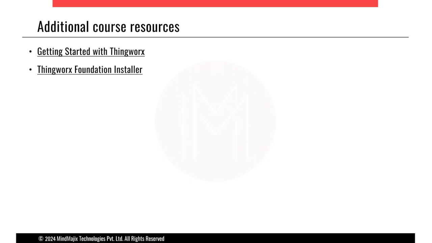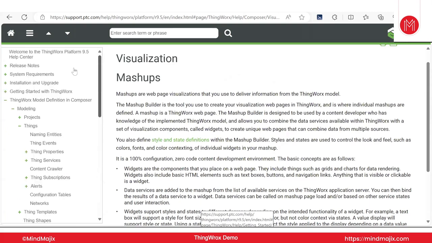Now I have given some additional resources with respect to getting started with ThingWorx. So it is the help center for ThingWorx. The user can refer to it and get the know-how if they have the time to go into the detail of this.